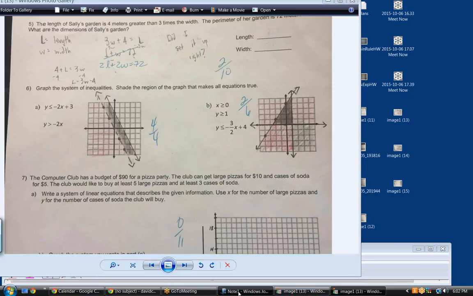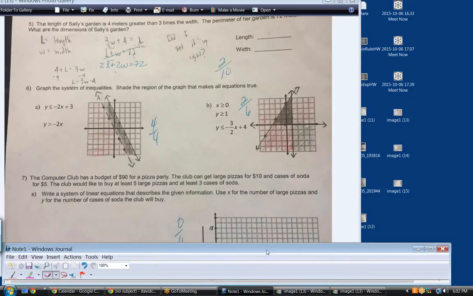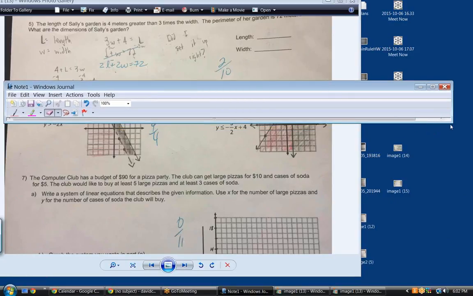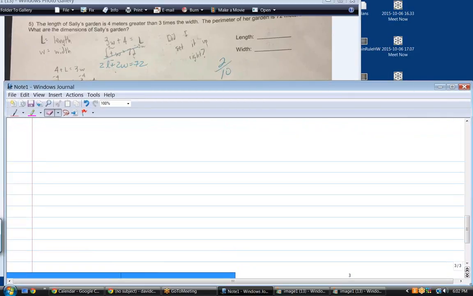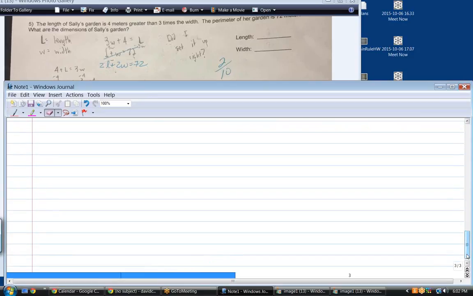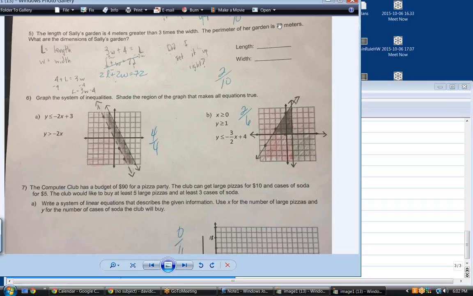Again, the first step, always on all word problems, is define variables. As long as you do that, you will not have a problem. I see that you've kind of done it here. The perimeter is 72. What are the dimensions of Sally's garden?